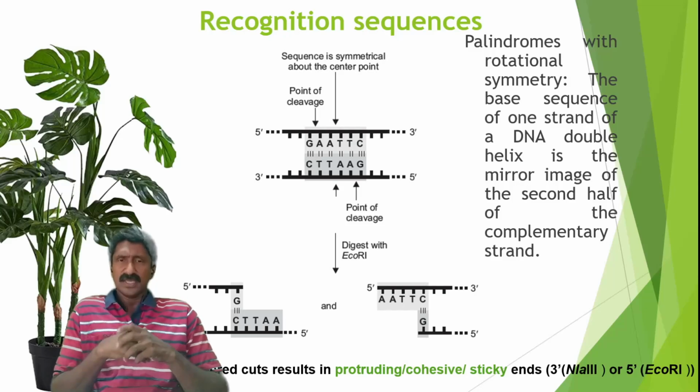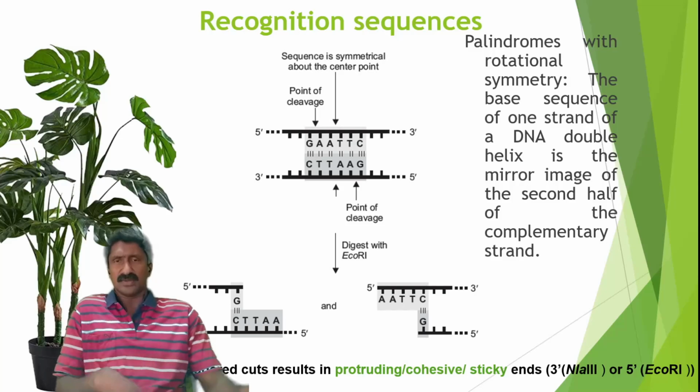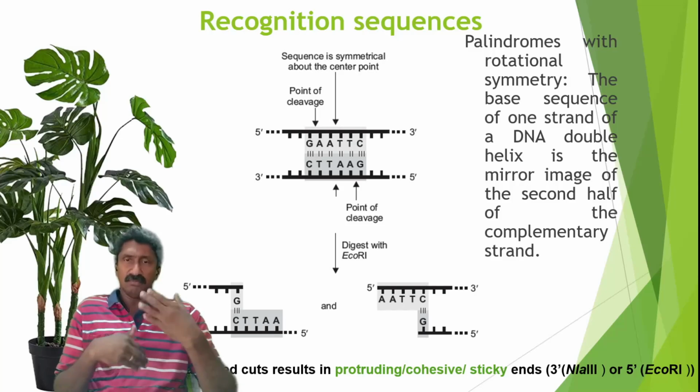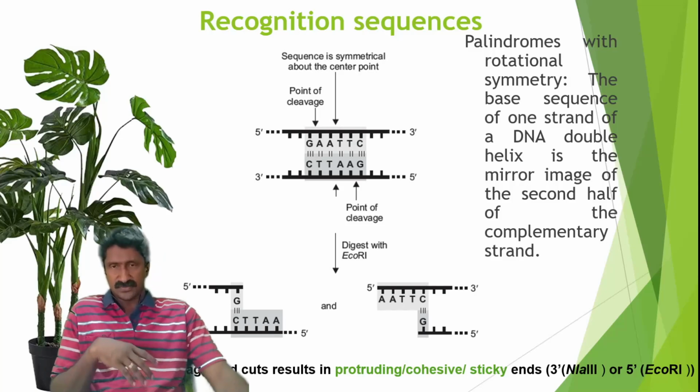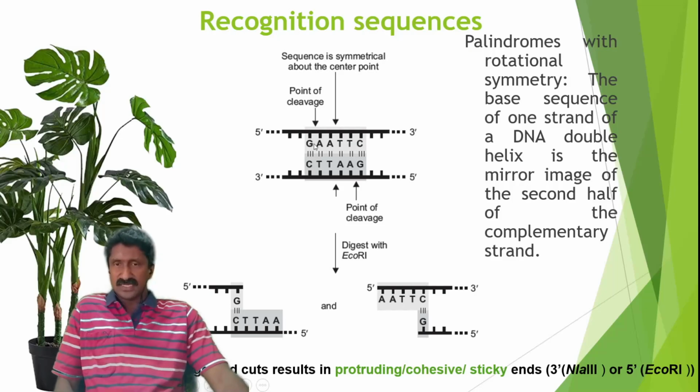Palindrome with rotational symmetry means the second half will be a mirror image of the first part. For example, you can see GAATTC.